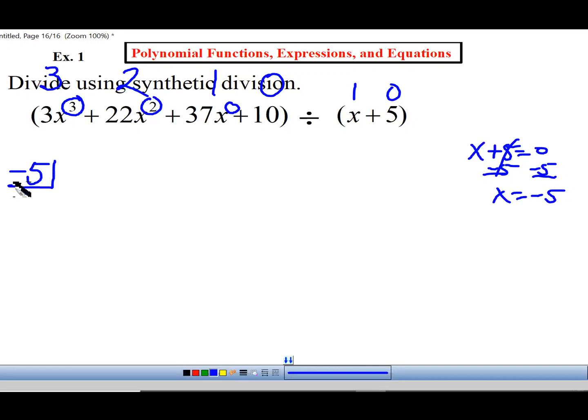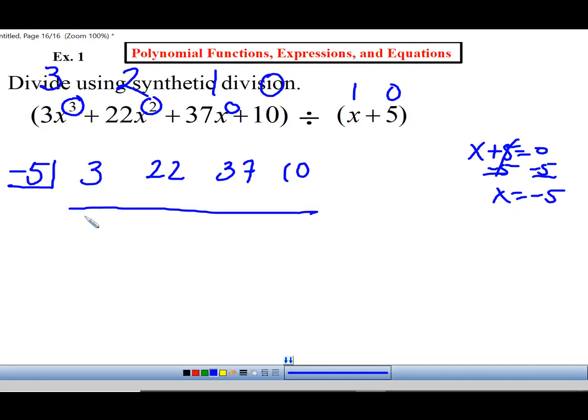Synthetic division is doing division without any variables, just using coefficients and constants. For the dividend, we start with a coefficient of 3 for the 3rd degree, 22 for the 2nd degree, 37 for the 1st degree, and 10 for the 0 degree.